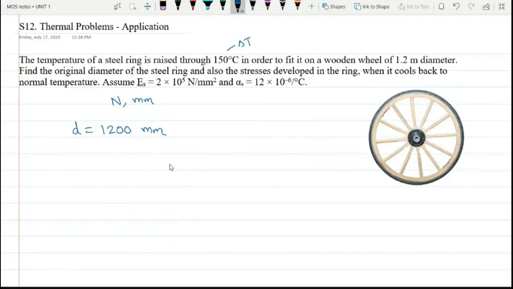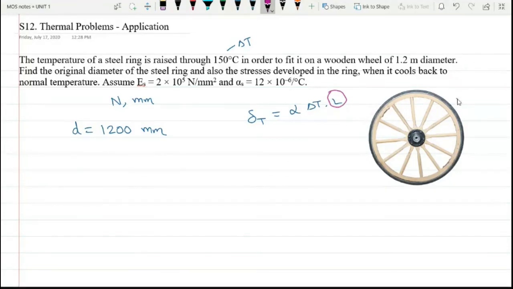So when you look here, we are dealing with diameter, right? But if I want to identify the change in length with respect to temperature, we use the formula alpha into del T into L. The L is important. Whatever we deal with, L is the length. Now, what is my length?